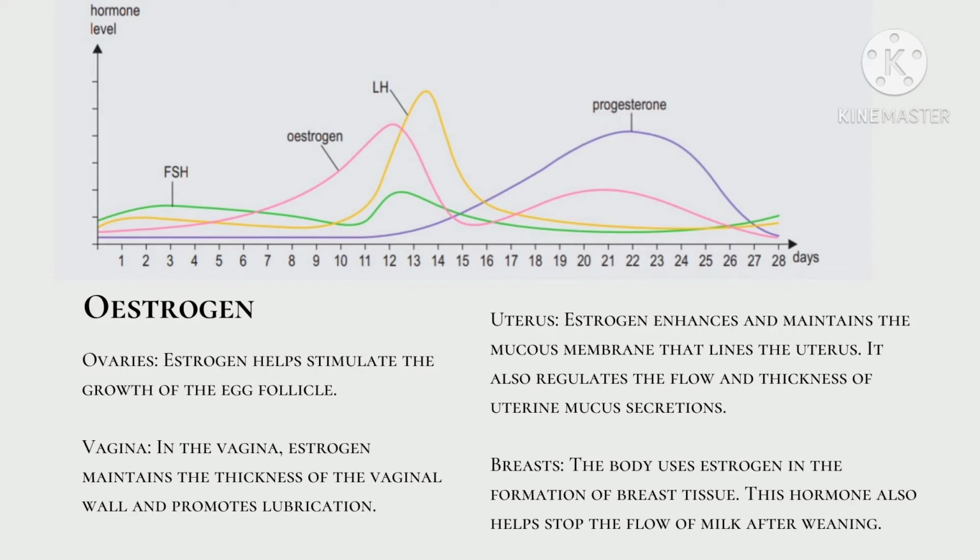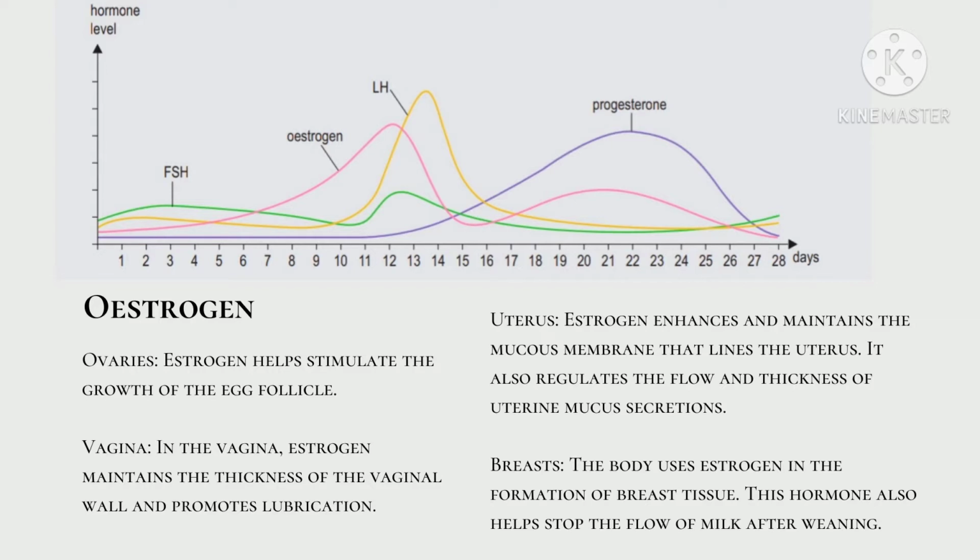Estrogen is involved in 4 different parts of the body. First of all, ovaries. Estrogen helps to stimulate the growth of the egg follicle, while in the vagina, estrogen maintains the thickness of the vaginal wall and promotes lubrication.